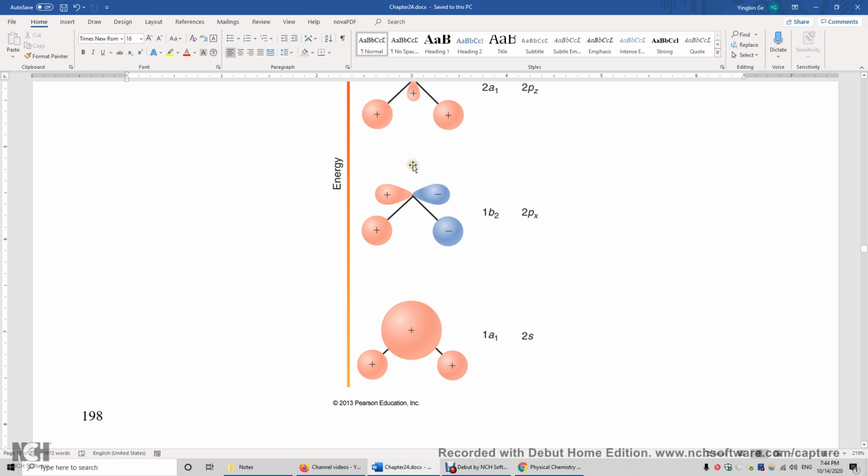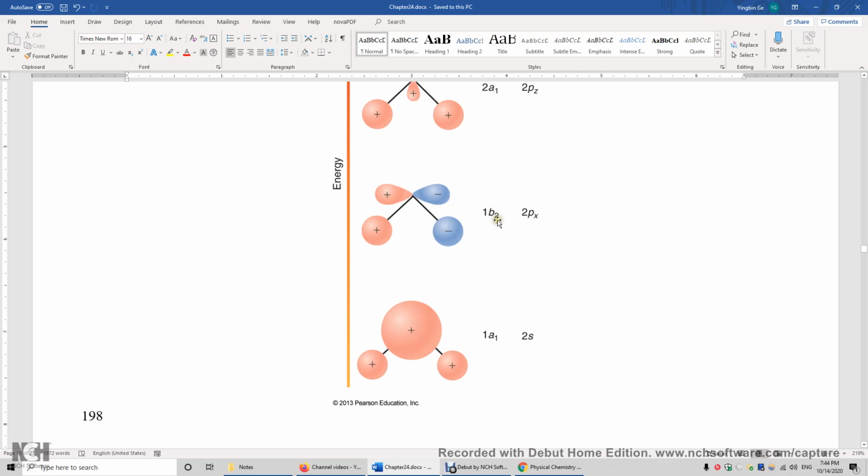So you can imagine this C2 axis here, and then if you rotate this MO 180 degrees, well, the sign changes. The plus sign goes here, the minus sign goes here. So it's anti-symmetric with respect to rotation. Therefore, you see this letter B here.